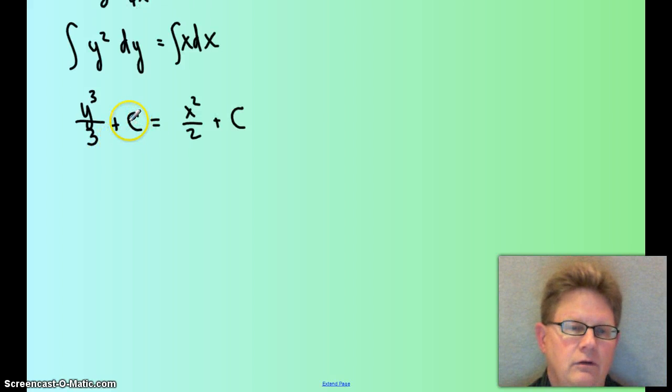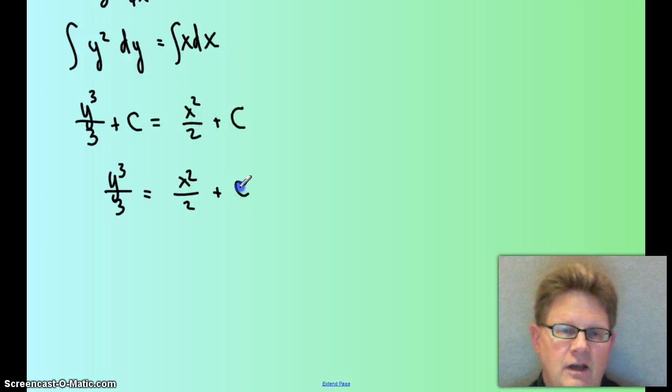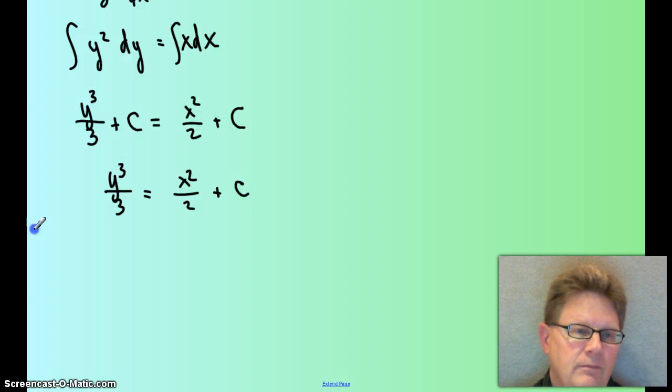So now we're going to combine these two like terms, the two constants, which will give us a third arbitrary random constant. Just subtract C from both sides. You'll end up with C over there, because these are not necessarily the same size, and we'll figure out this size after we get done solving.